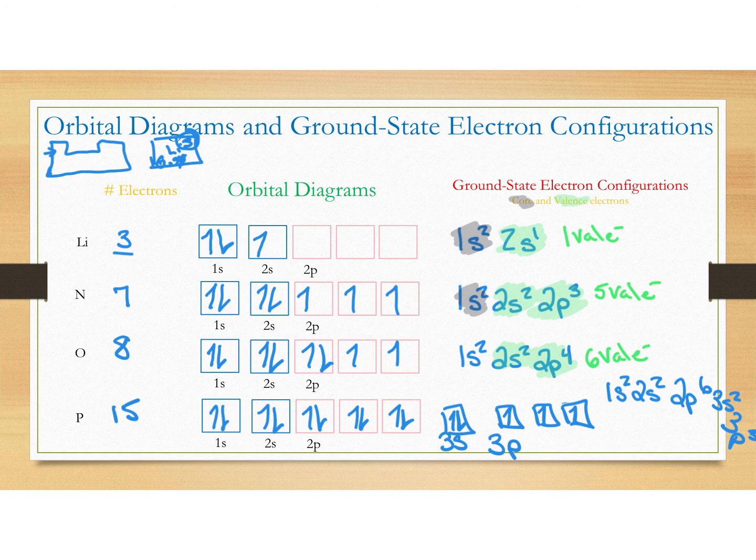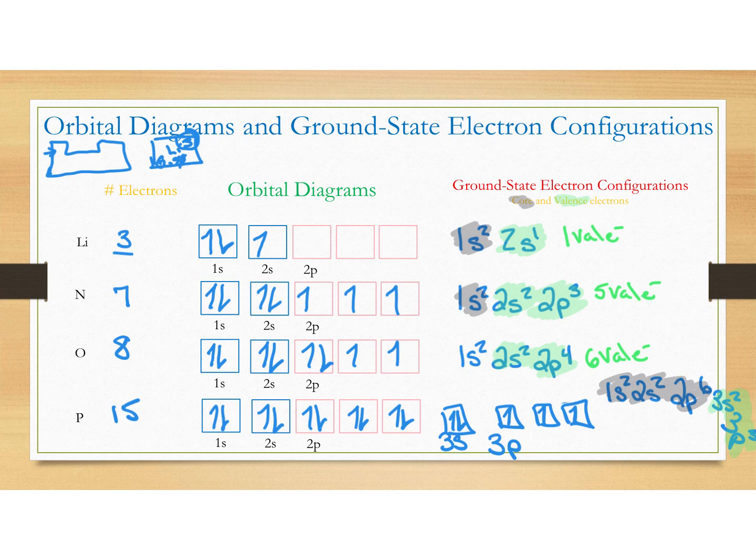Let's look at phosphorus. I'm going out to the third energy level. I'm in the third period on the periodic table. In other words, I'm in the third row down. Where are my valence electrons? My valence electrons are in the third energy level, all the way out here. Everything else then becomes the core.